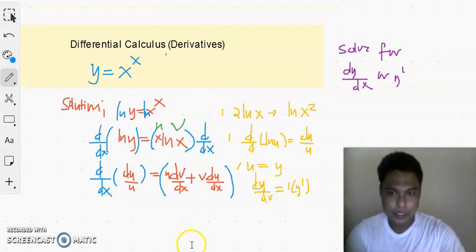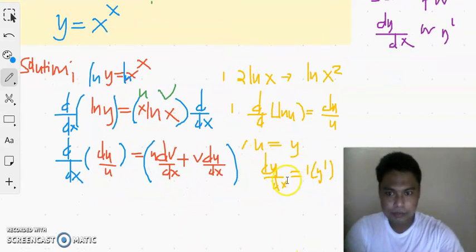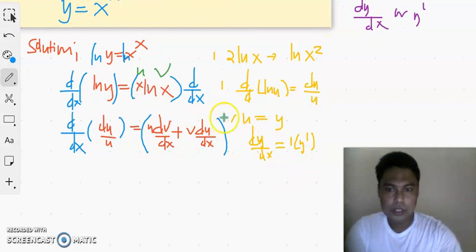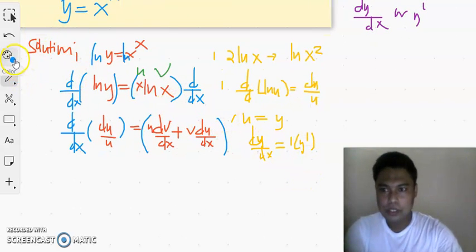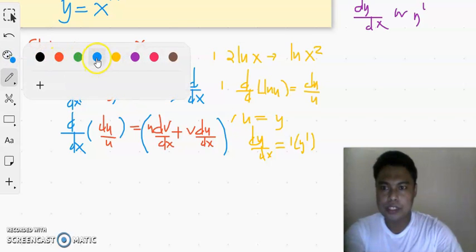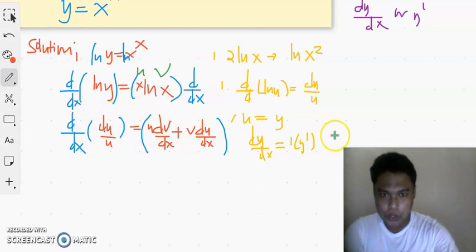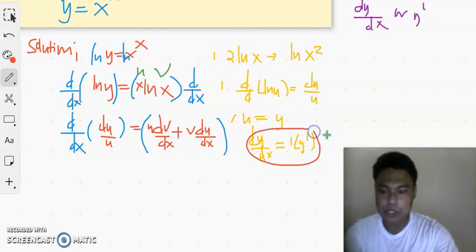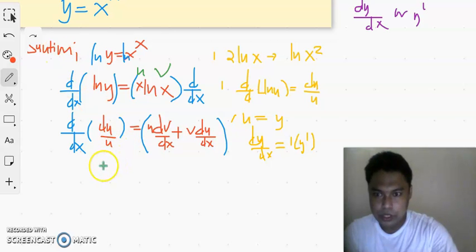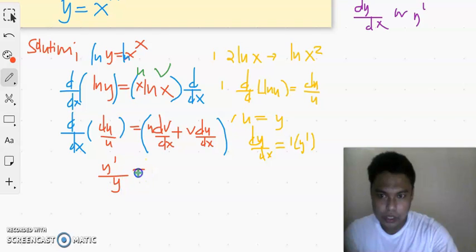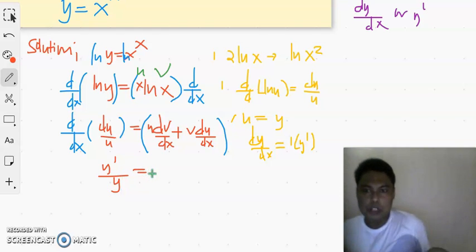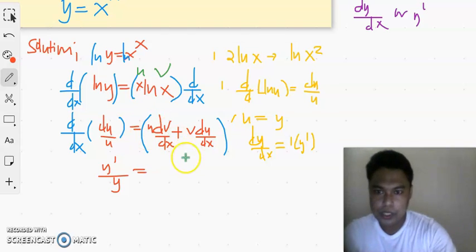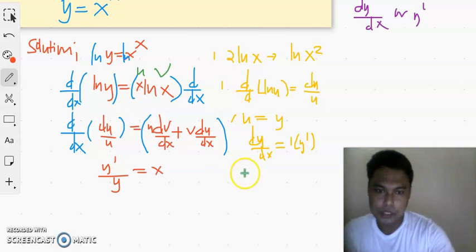And then we can rewrite this. du over u: our du here is y prime, so this is y prime over y, equals, what is our u? u is x, times dv over dx.